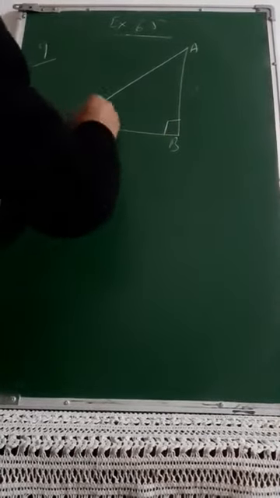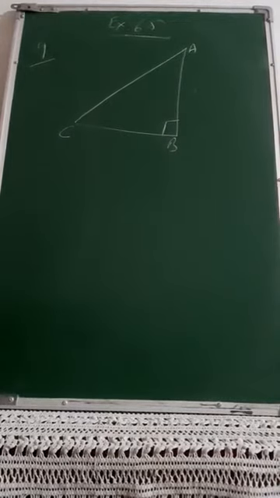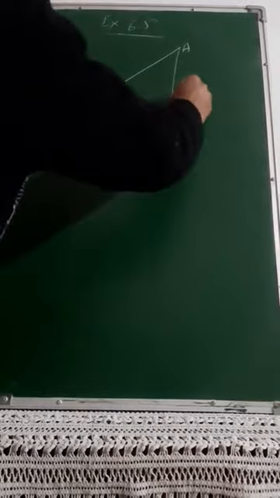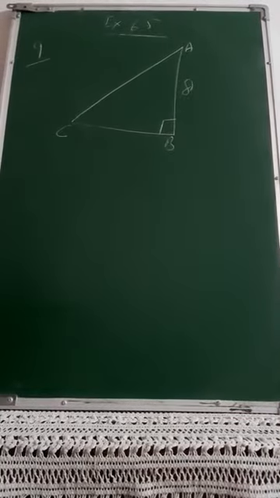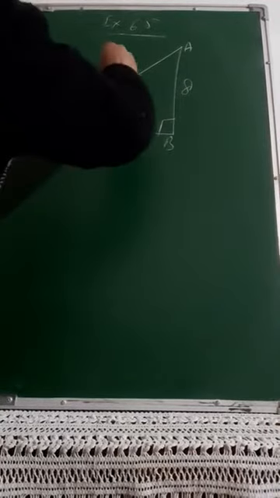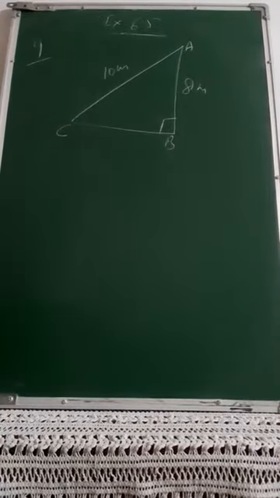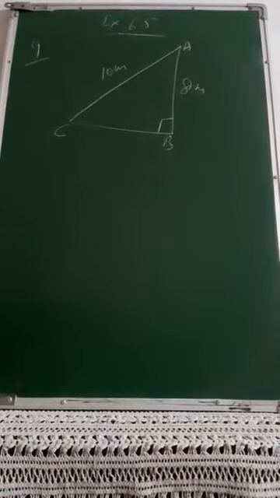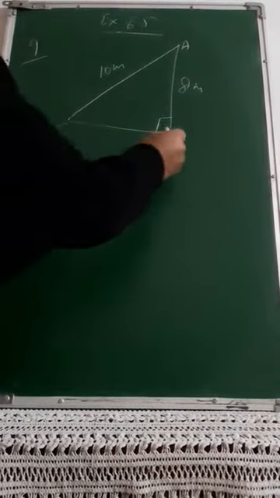So draw the figure, and this is the ladder reaching to a window which is 8 meter above the ground. Ladder's length is also given, that is 10, lengths are in meters, and what you need to determine is the distance of the foot of the ladder, that is C, from B.